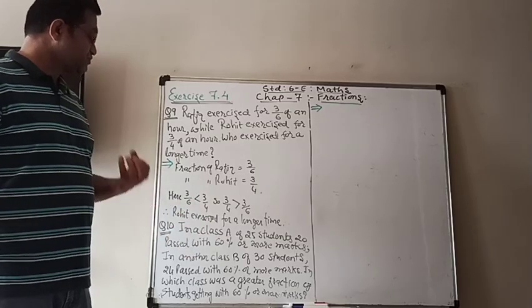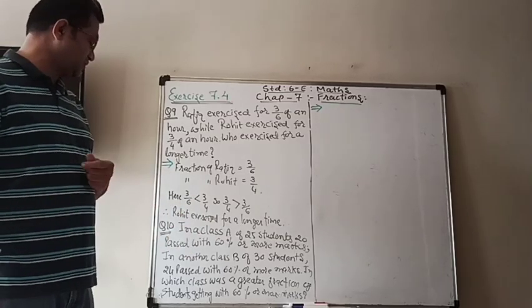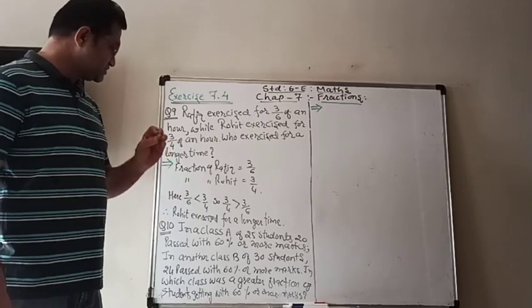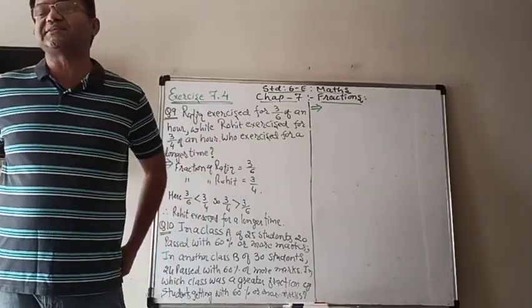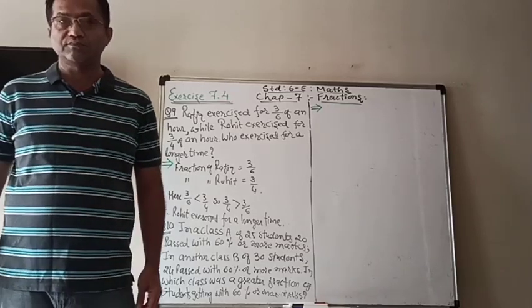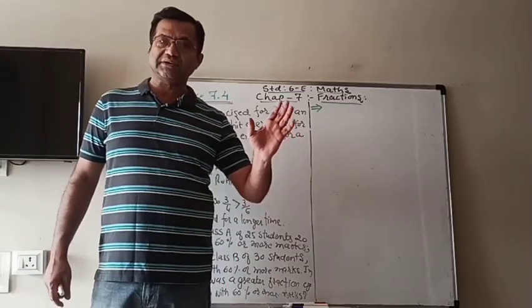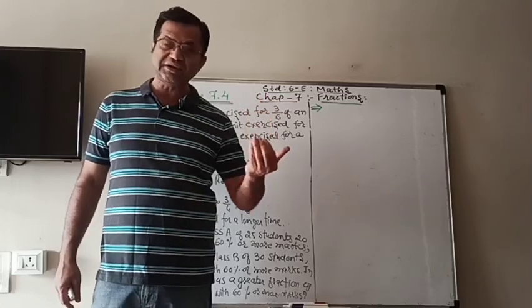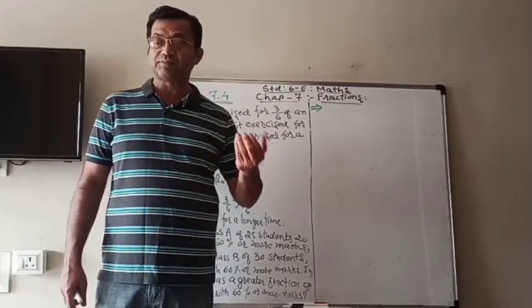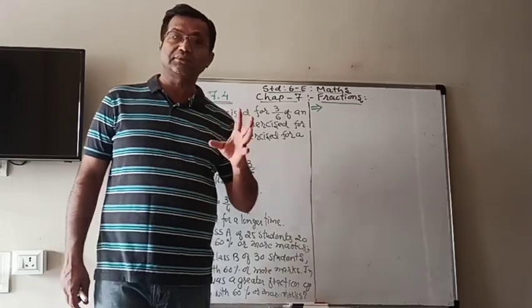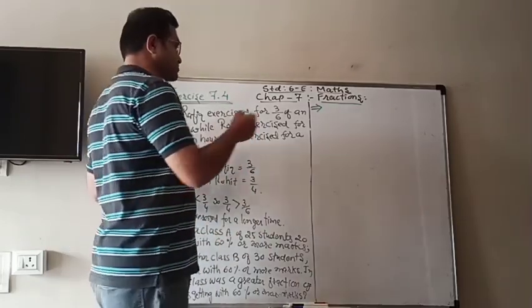In which class did a greater fraction of students get 60% or more marks? So here we have to compare two classes. One class A has 25 students, and out of that 20 students get 60% or more marks.